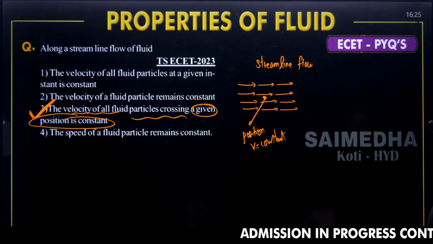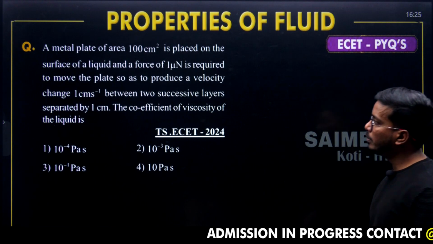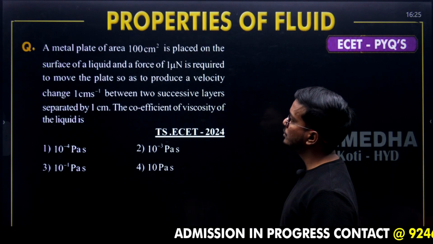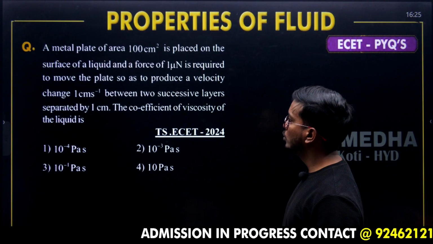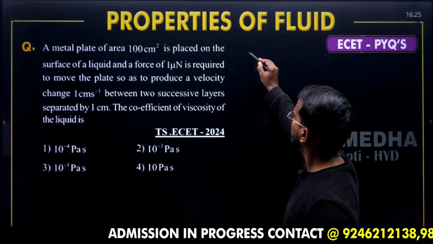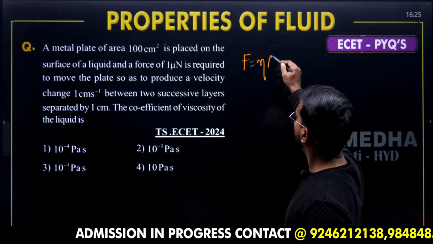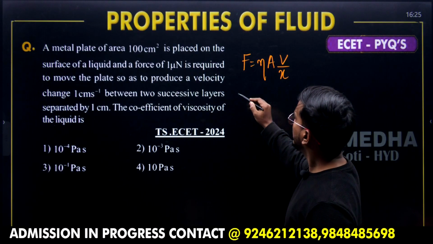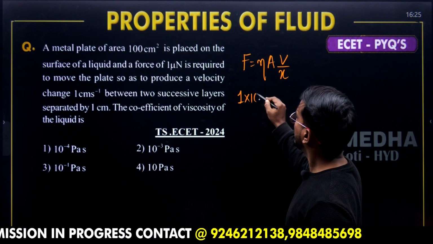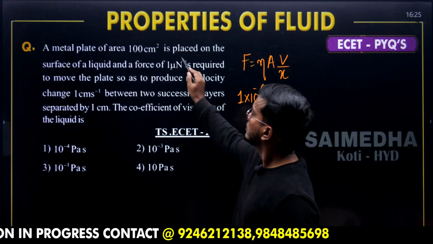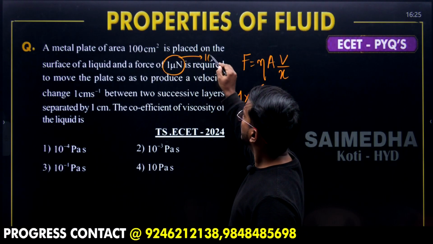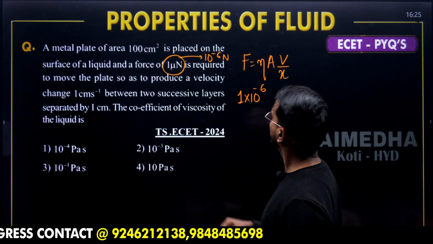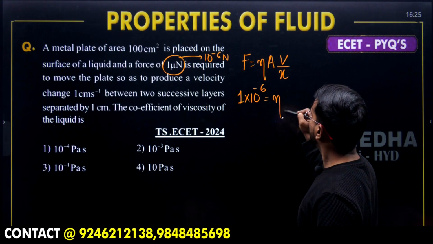The next point: a metal plate of area is placed over a fluid, force and viscosity are to be found. We know the formula F equals eta into A into V divided by X. F is given as 1 micronewton, micro is 10 to the power of minus 6, so 10 to the power of minus 6 Newton. Eta is our question, viscosity.